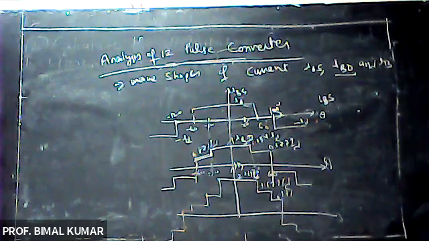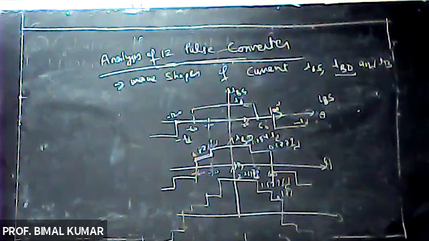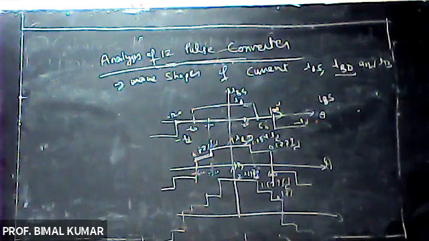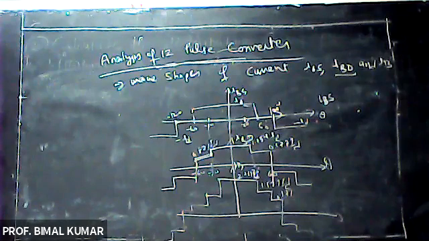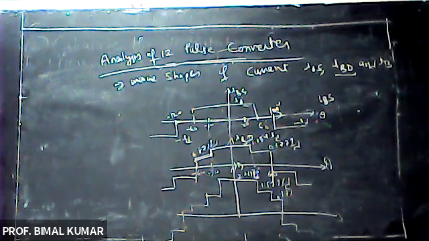So it is to be noted that IBD lags IBS by 30 degree, whereas ICD lags IBD by 120 degree, right?